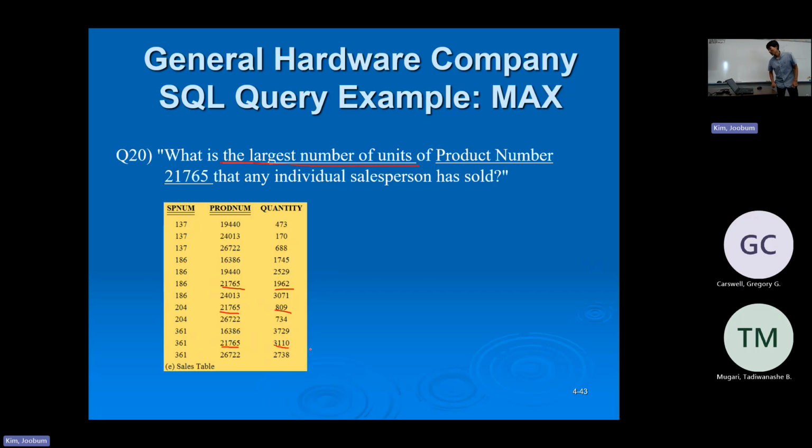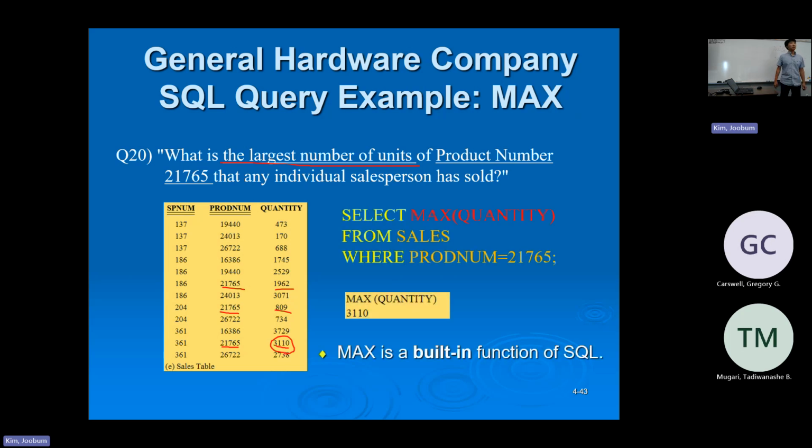Which is the largest number of units? The last one, right? So in that case, you can use the max function, max of quantity, for product number 21765. Okay, so we're going to have 3,110.